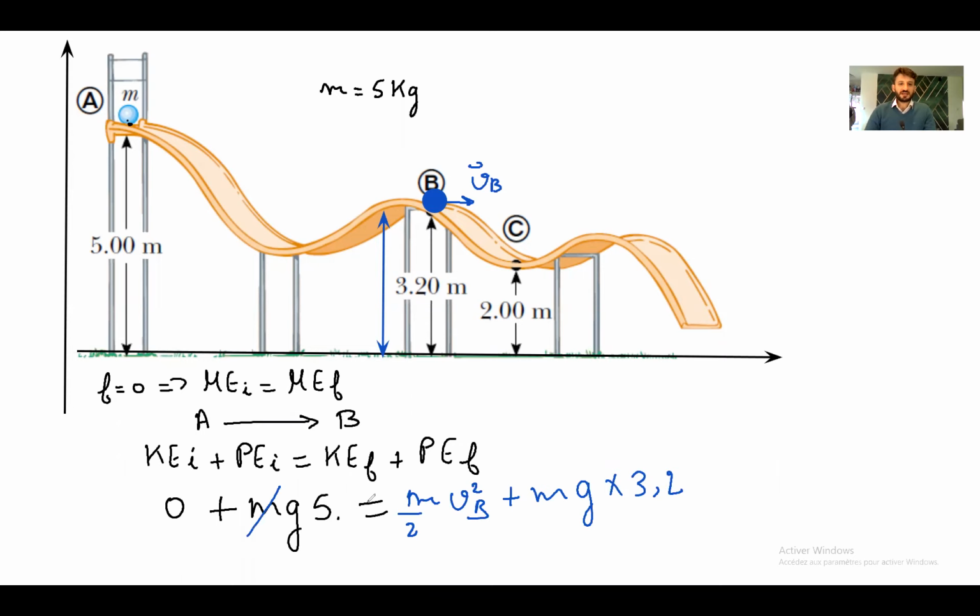We can eliminate m, and we can calculate VB easily. VB square equals 2 times 5g minus 3.2g.